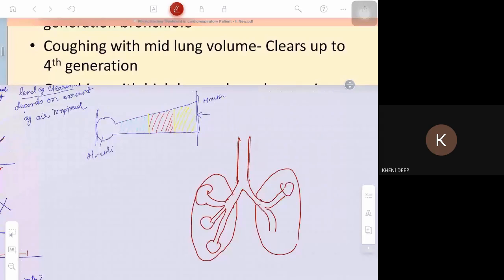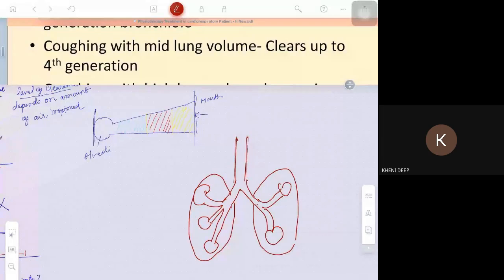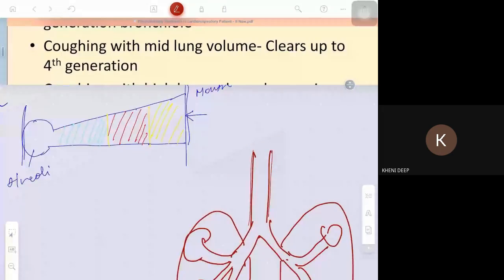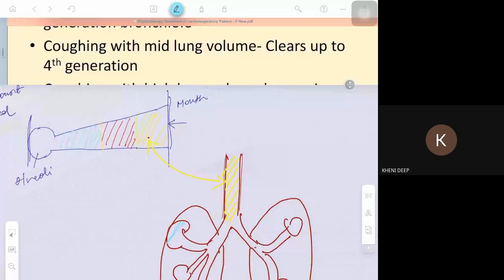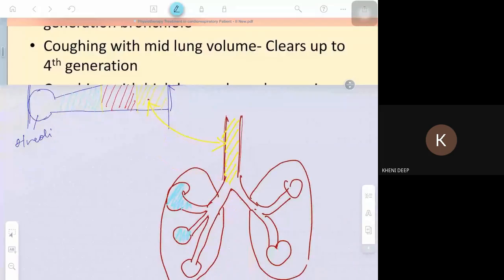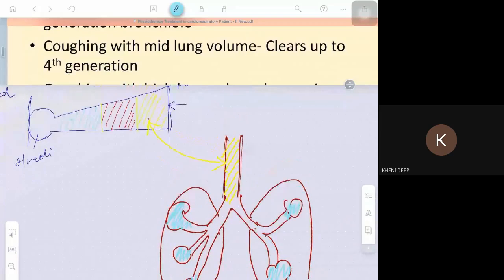Clear? So what is upper airway? Upper airway represents this area. And what is smaller airway? Smaller airway is somewhere this area. Please check the color which I am giving. This is smaller airway.